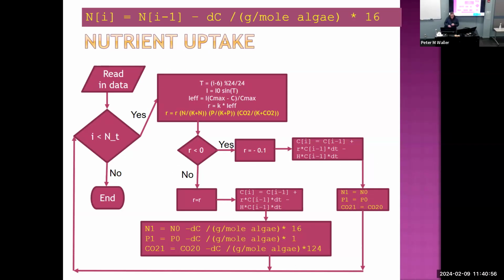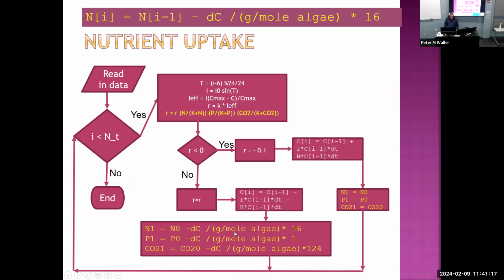Okay, the next step in our model is to adjust the nutrient concentrations based on the amount of cell growth that we have. For daytime growth, we have nutrient uptake. You can see here where this is not night. We have a certain amount of algae growth represented by DC.